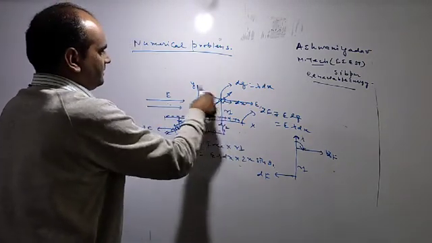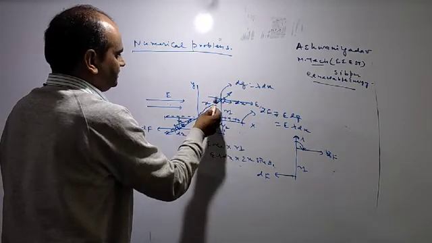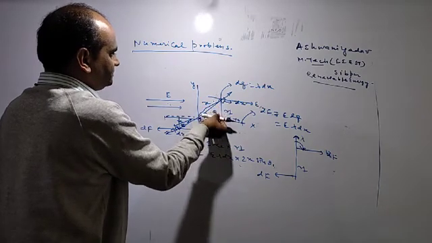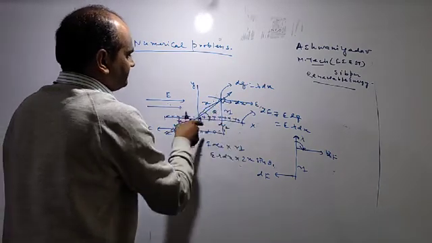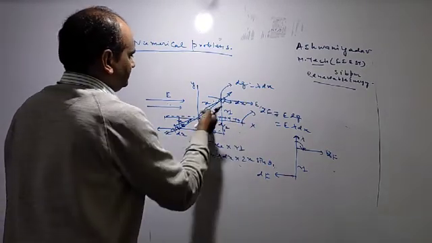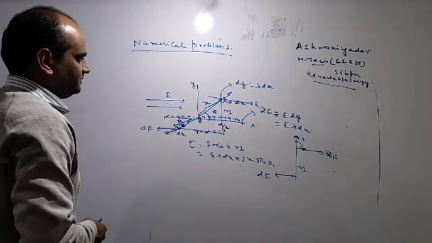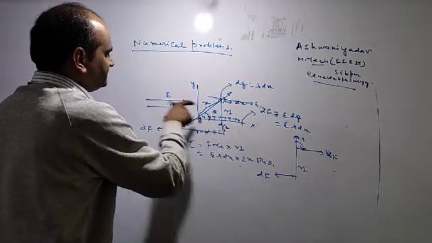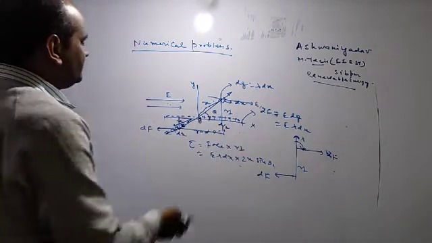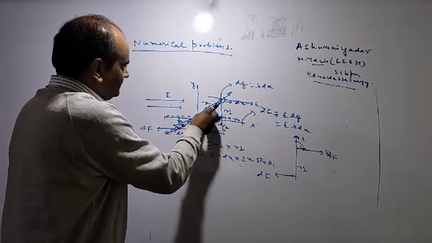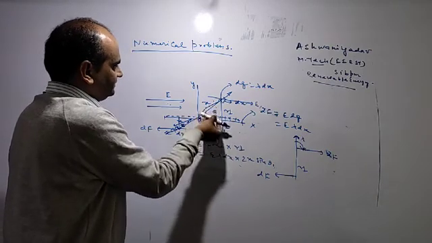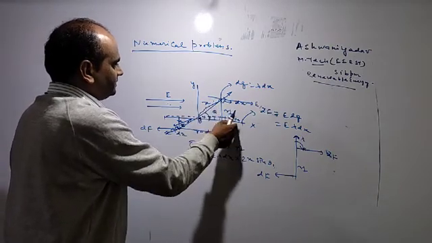When you apply an external torque and make an angle theta with it, it has a tendency to align with the electric field direction, so that it can feel no torque. But due to inertia, it shoots away like this and tries to oscillate about this line.